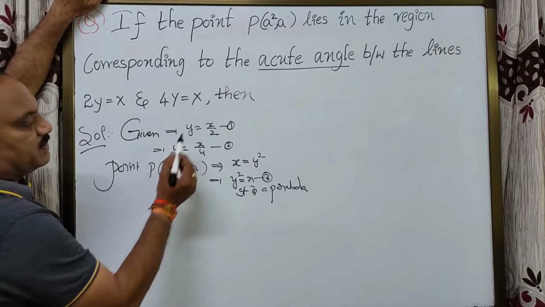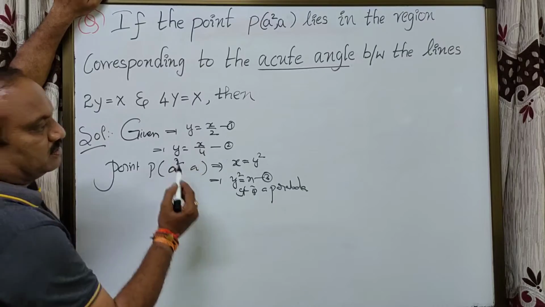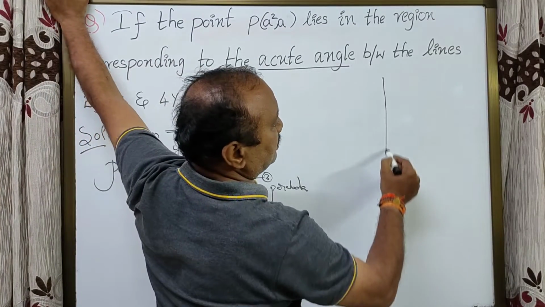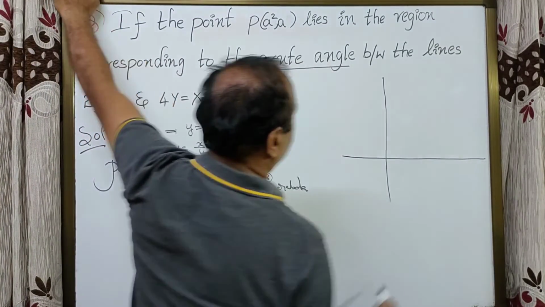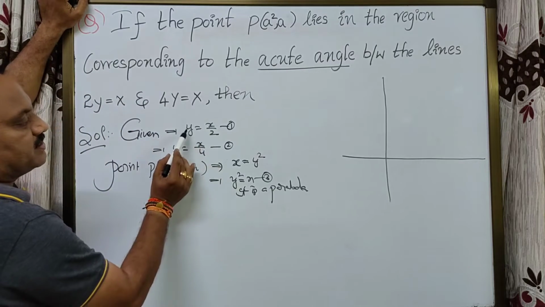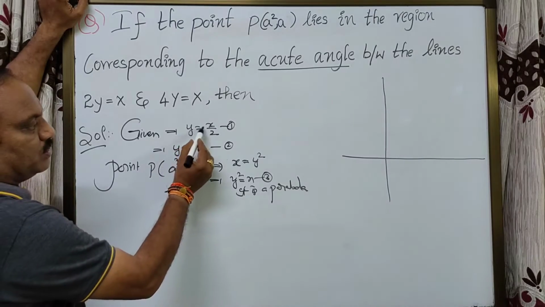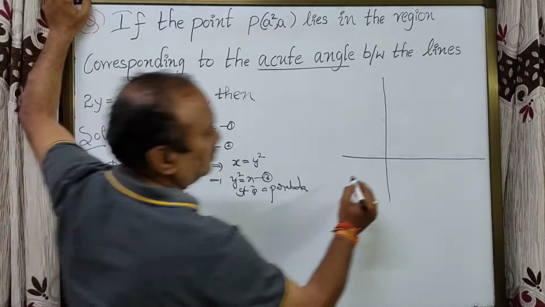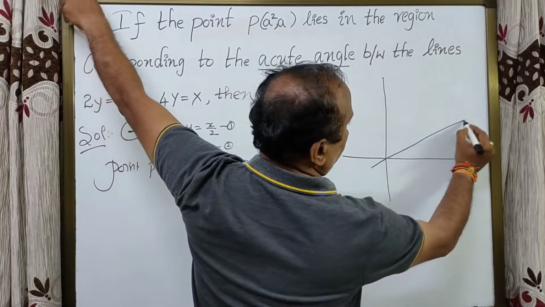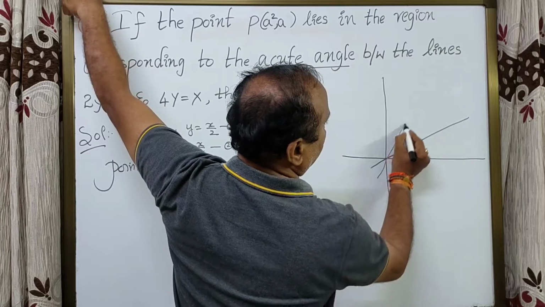So y equals x/2 and y equals x/4. Those two lines pass through the origin, students, because there is no constant; they are of the form y equals mx. So y equals x/4 like this, y equals x/2 like this.